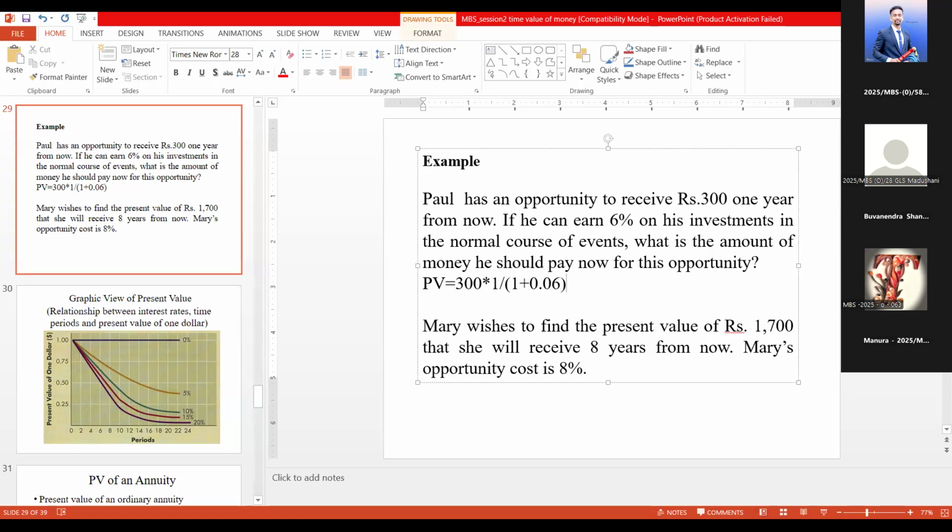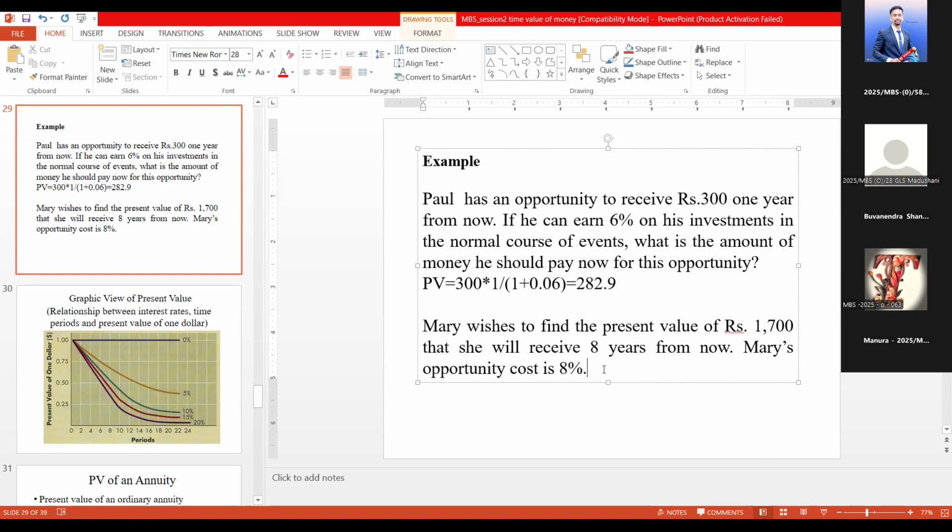So you can find the answer, right? The answer must be 282.9. If we use the table, the present value factor is given in the table as 0.943. Otherwise, you can multiply by that factor.